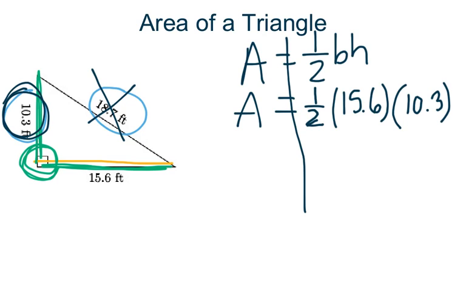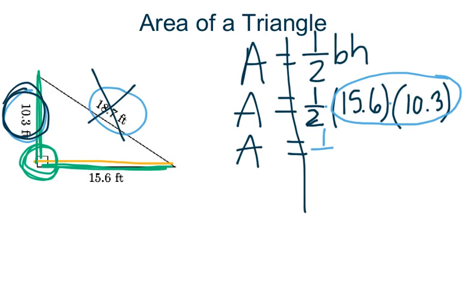So absolutely, we've got our formula written. Now what we need to do is finish the order of operations. So this is basically 1/2 times 15.6 times 10.3. We could go ahead and take half of 15.6 first, but I think in this case it's easier to just do 15.6 times 10.3.